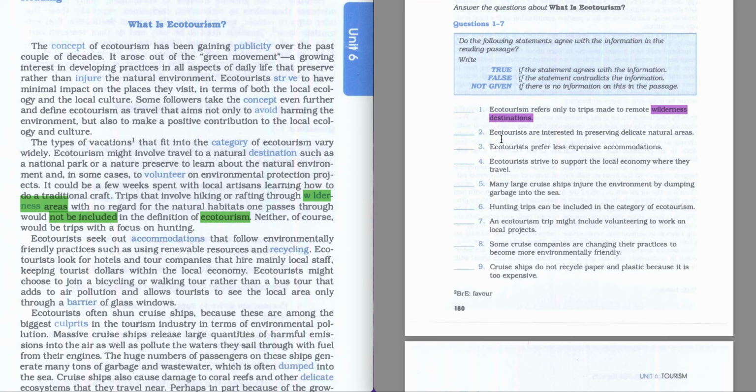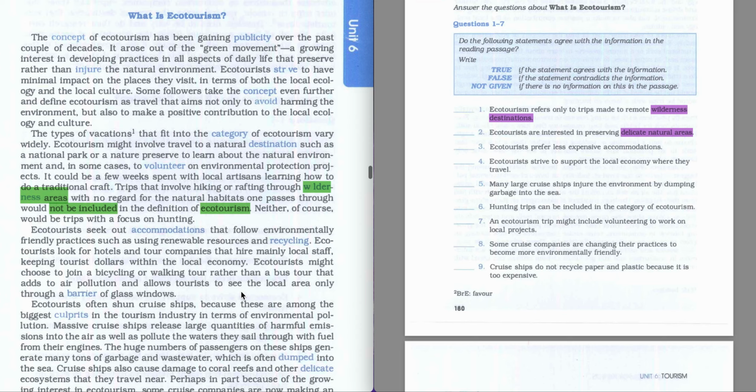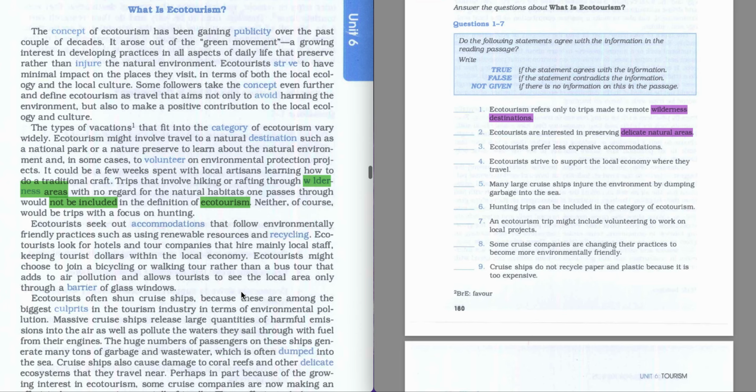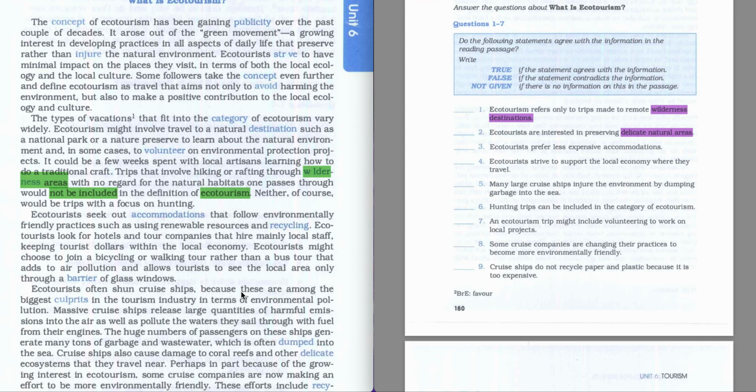Let's read the second sentence. Ecotourists are interested in preserving delicate natural areas. So let's highlight keywords. Delicate natural areas. So let's scan quickly and try to find any information about delicate natural areas.